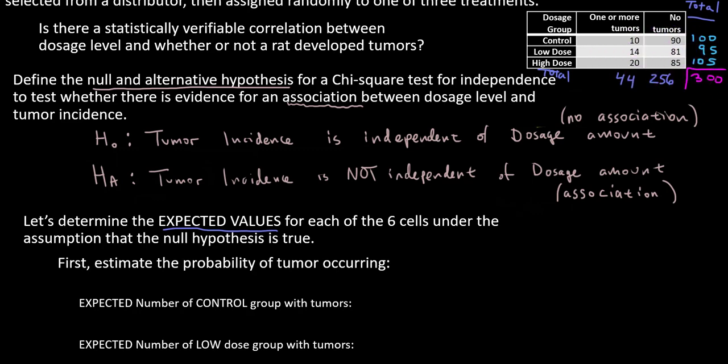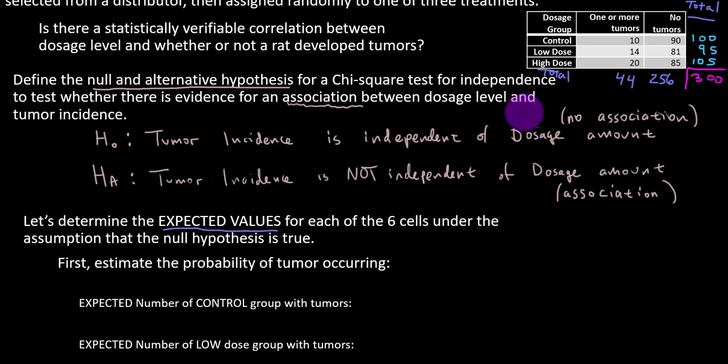We're going to need these totals to help us determine the expected values for this test. Remember that an expected value in a chi-square test is the number of rats expected to have obtained a tumor if the null hypothesis is true, if there really is no association between tumor incidence and the dosage amount.